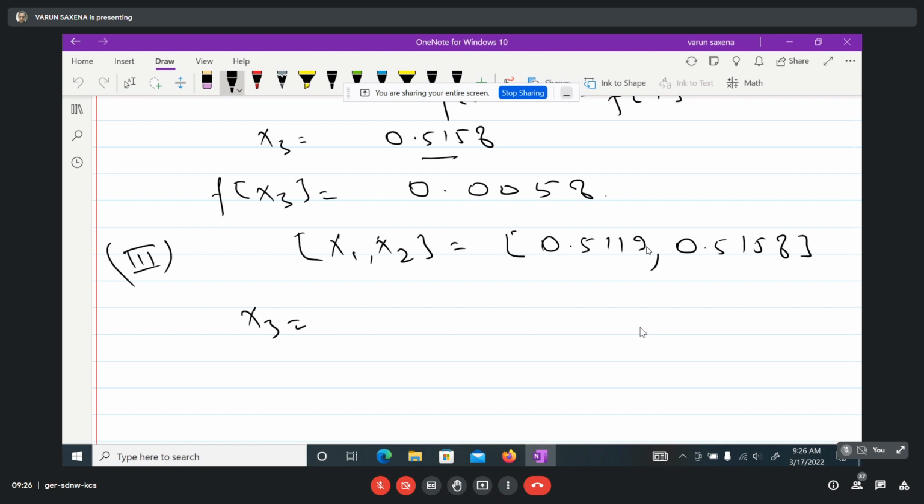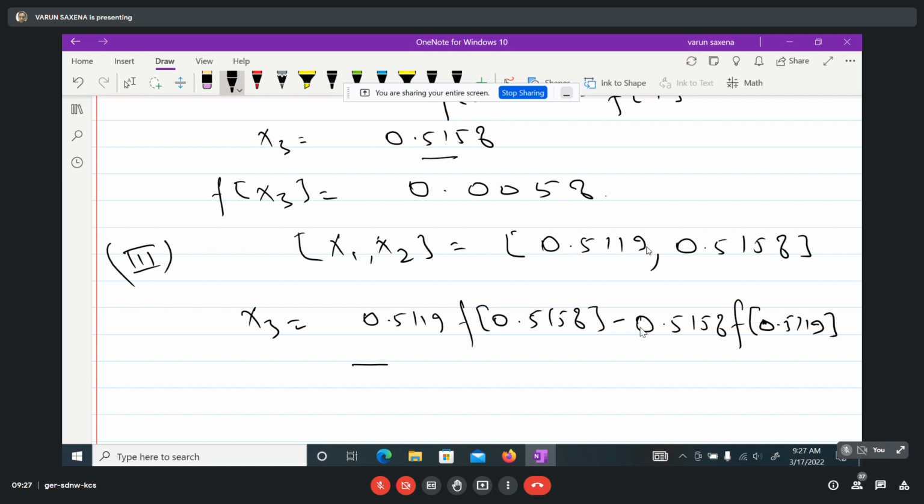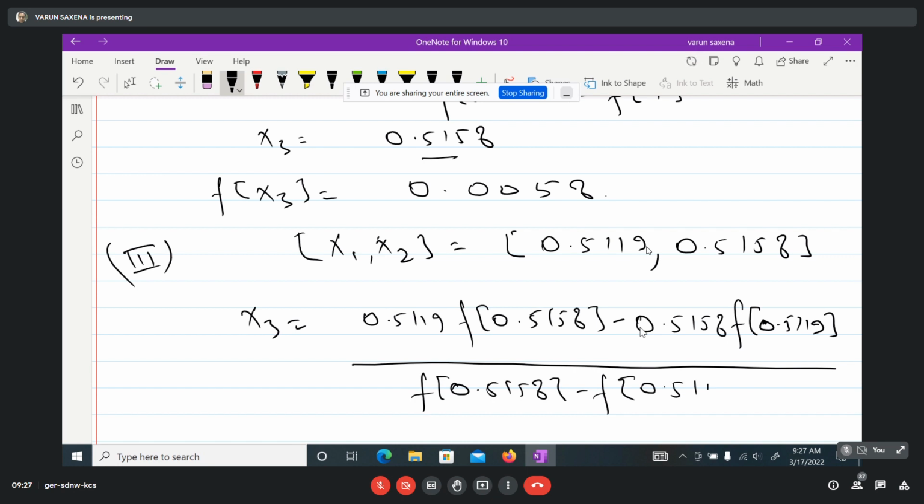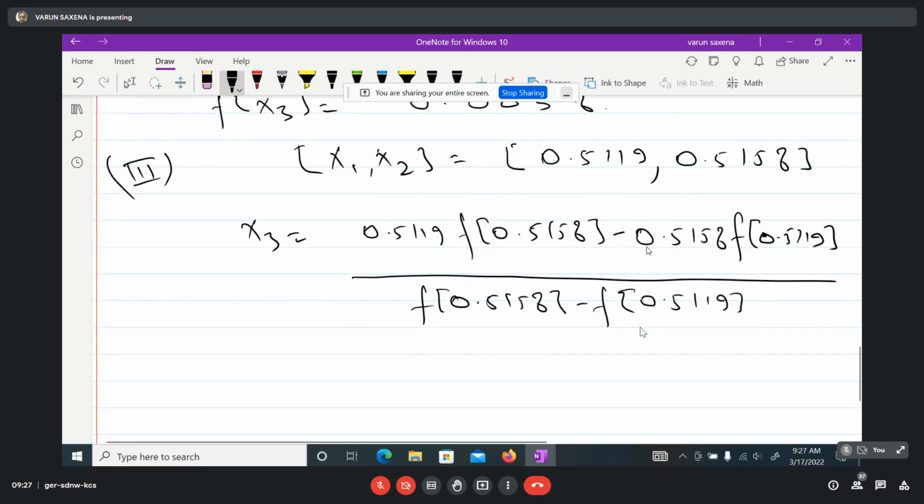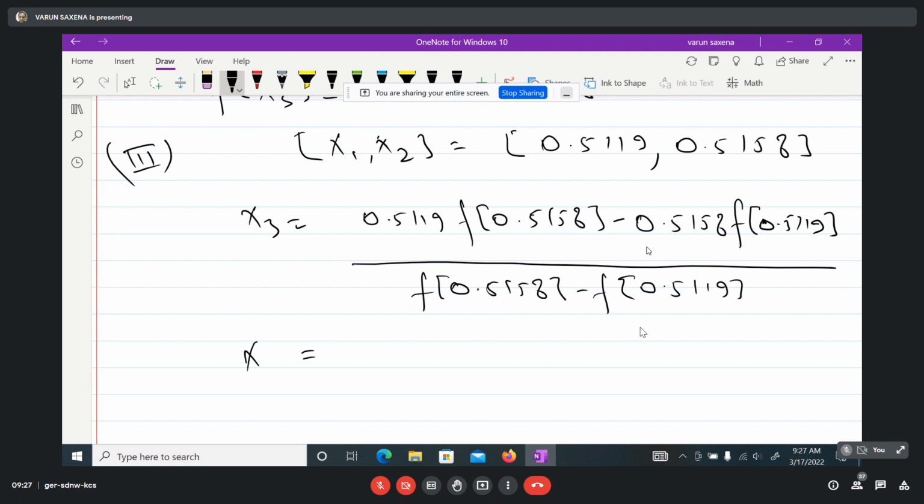So your x3 would be 0.5119 f(0.5158) minus 0.5158 f(0.5119) whole divided by f(0.5158) minus f(0.5119). And if you do this, you will get the value of x3 as 0.517.